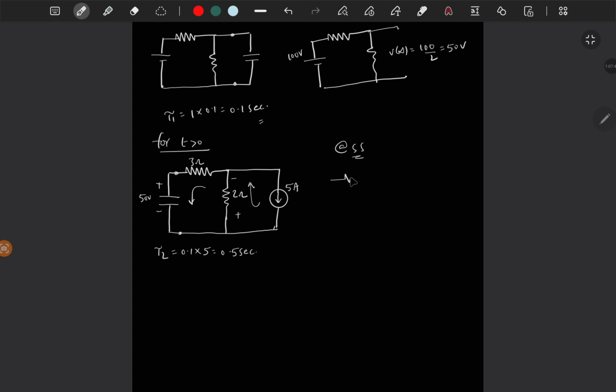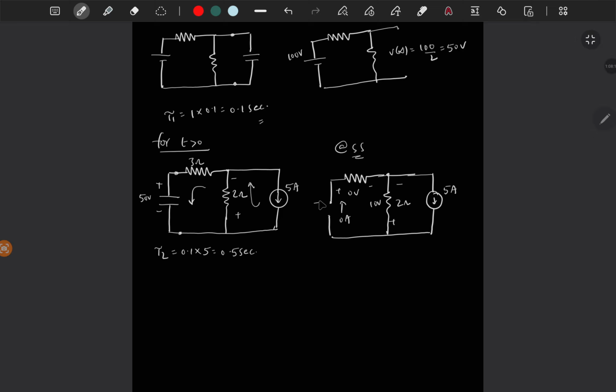See, this is open circuited at steady state, and this is 2 ohms, and this is 5 amps. So you will get 10 volt here, because this current is 0 amps and there is no voltage drop.